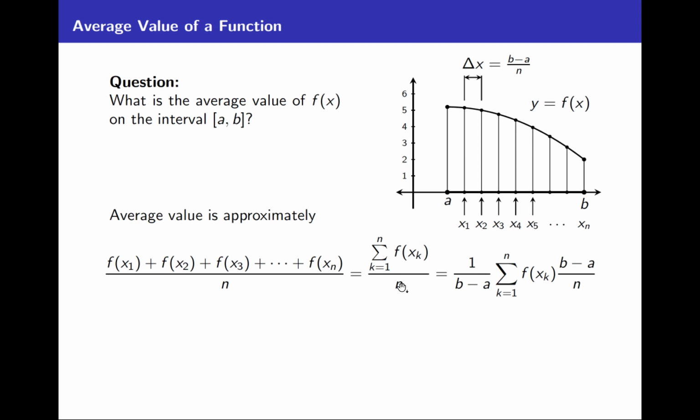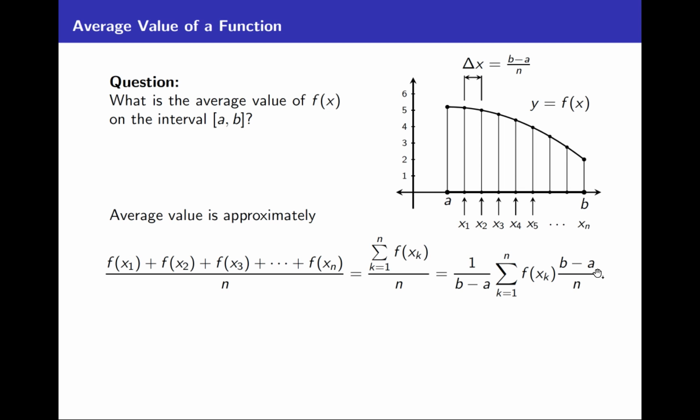And the n that was down here, I'm just going to put it under the b minus a that's inside the sum. So you've got to look at that for a second, but you'll quickly convince yourself that this equals that when you distribute the 1 over n into the sum and insert a b minus a on top and also bottom so they cancel out.